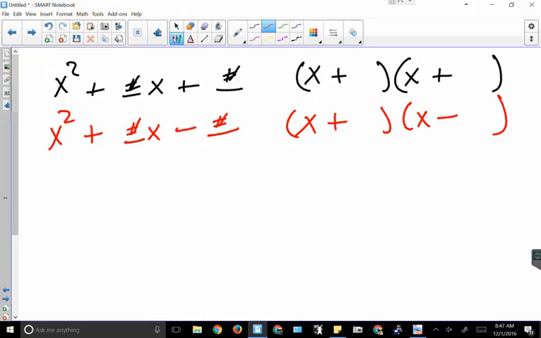Except that there's going to be a way that these numbers are going to be identified. This will be the larger factor. This is going to be the smaller factor. You take a look at these factors, the numbers, and I'll show you what I'm talking about in a little bit. This is how it works out.